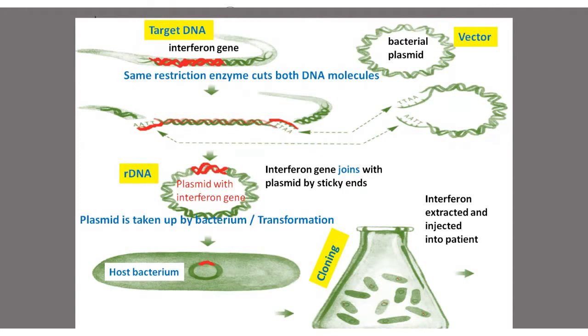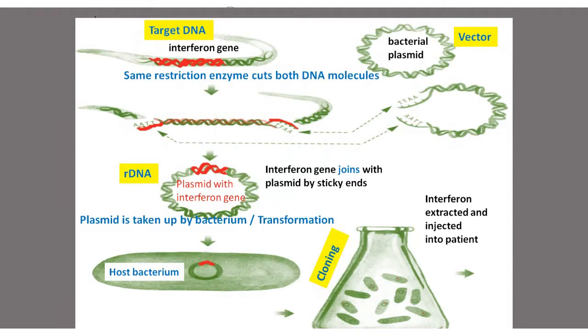If it is some other growth hormone, it will be a human cell or chick cell, some other animal cell. Meaning thereby that the choice of host depends upon the type of target DNA that we are using. This will help us in selecting which organism is going to be the host.